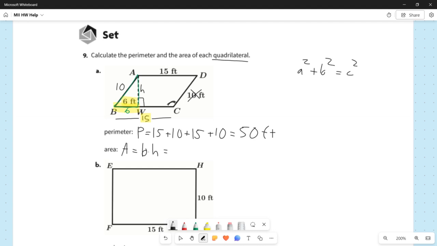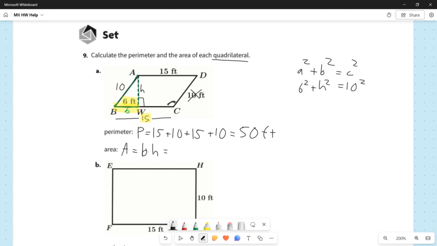I know that my hypotenuse has to be 10, so that has to be C. I know that one leg is 6. I'm solving for the other leg. I can't use B because B is going to be the base. All right, I guess we have to keep this as H then. So, actually, this was B, this is H.